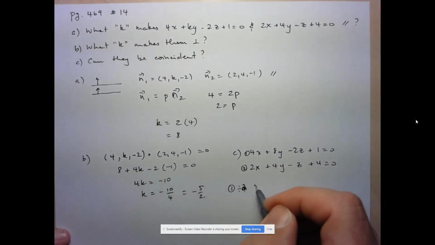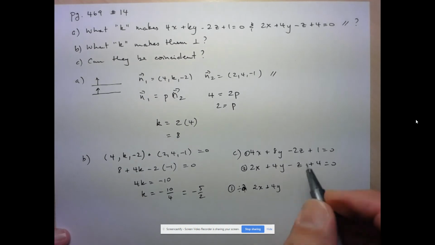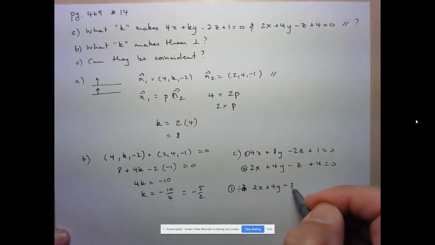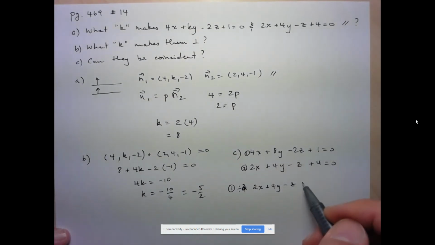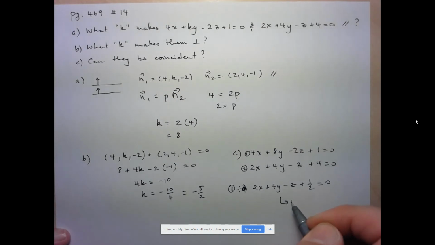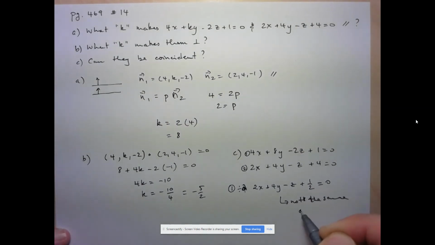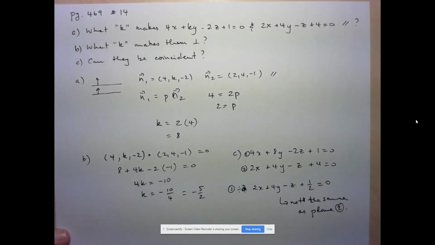I'm going to get 2x plus 4y minus z, but here I'm going to get plus 1/2 equals 0, and this is not the same as plane 2. So in other words, they can never be coincident.